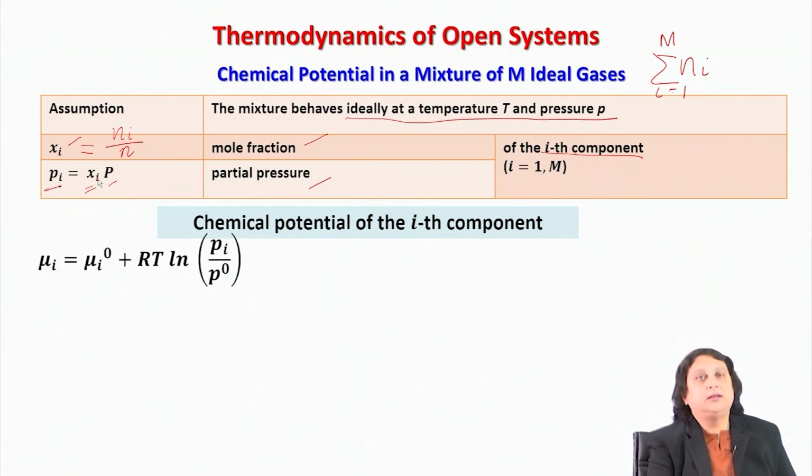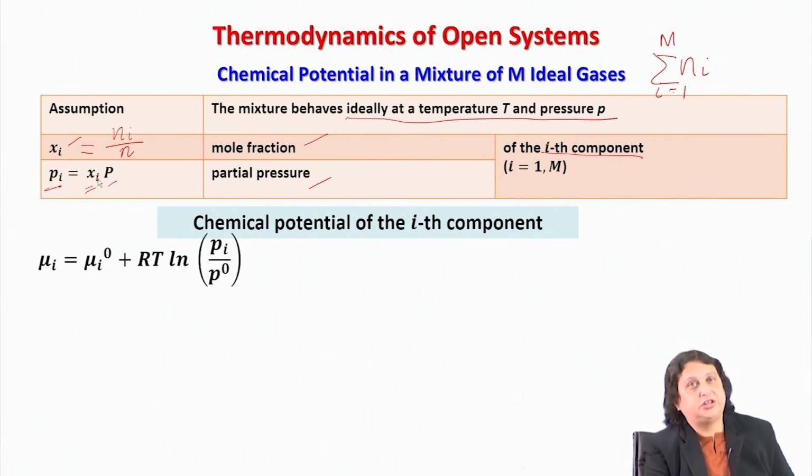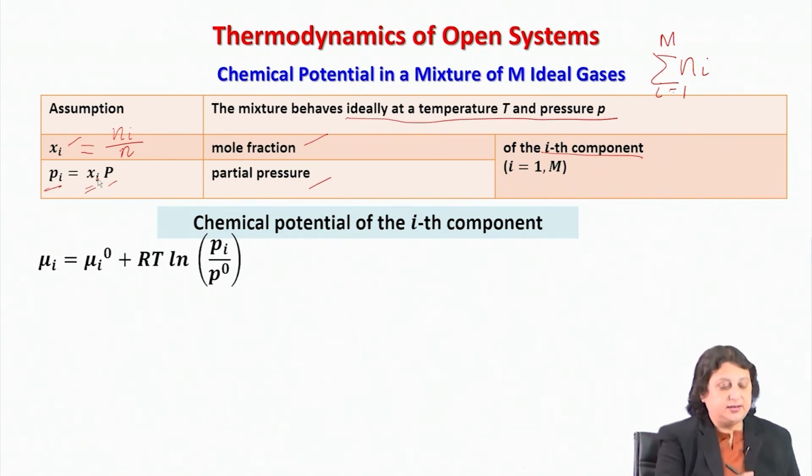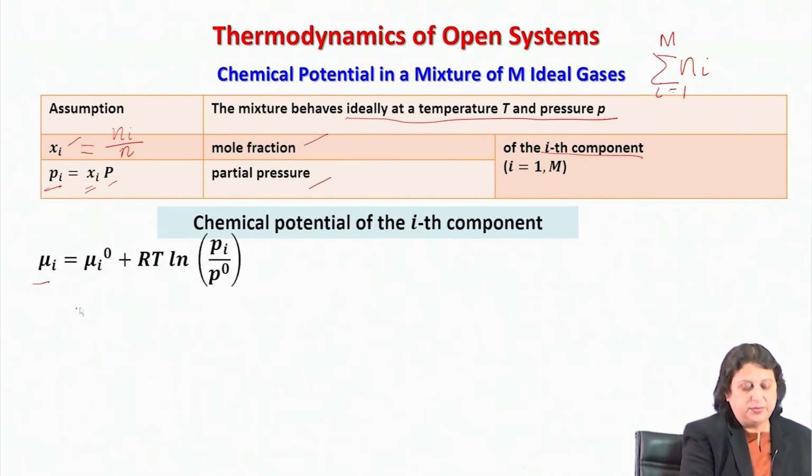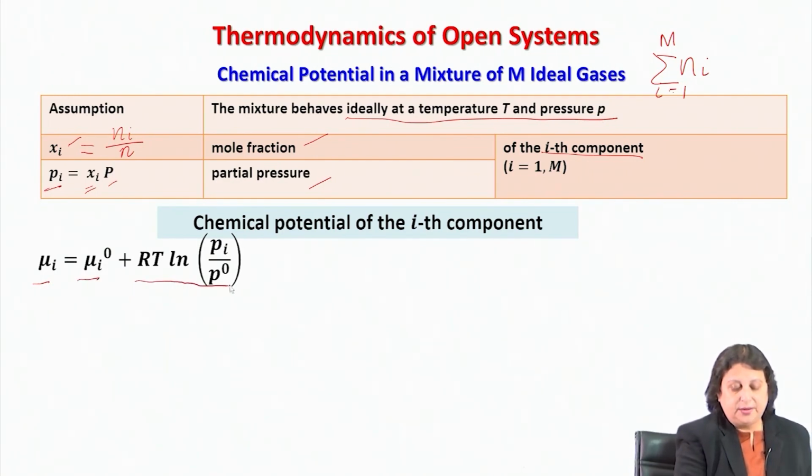So what is the chemical potential of the ideal gas i when it is present at a temperature T and its partial pressure in the mixture is Pi? Using the result that we have obtained before, I can write mu i will then be equal to mu i naught plus RT ln Pi by P naught.